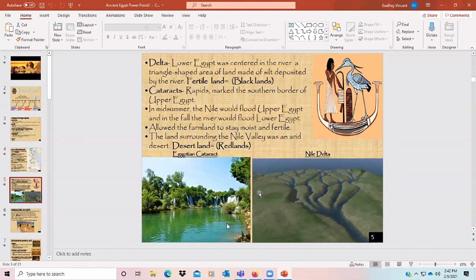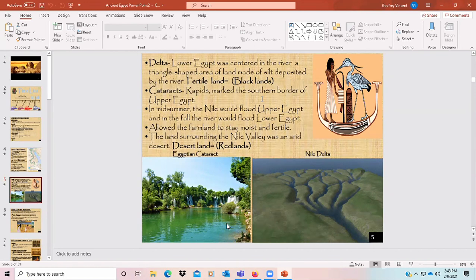And this is what I was telling you about, the delta region. This is the Mediterranean Sea here, but this is the delta. See how many little tributaries? You might think you might enter one here, but it might take you a while to get inside. And then, of course, there were cataracts, rapids, so you might be traveling on the Nile, and all of a sudden you meet a sudden drop.